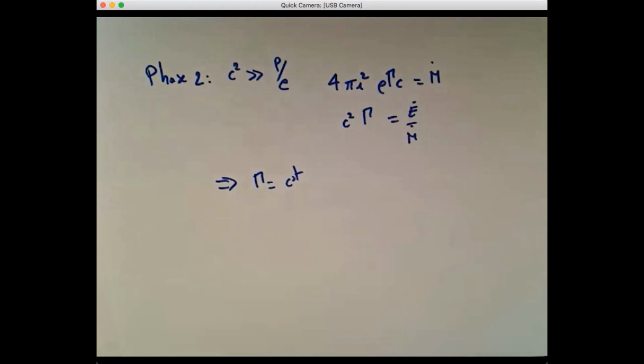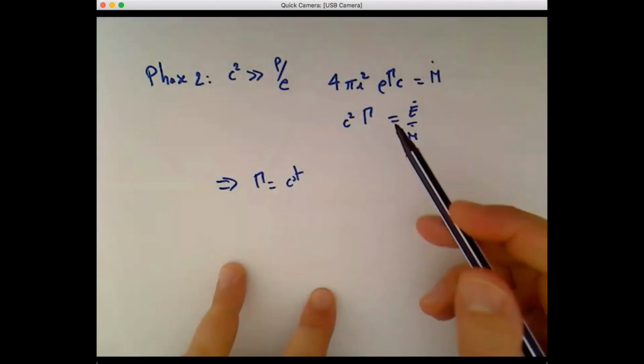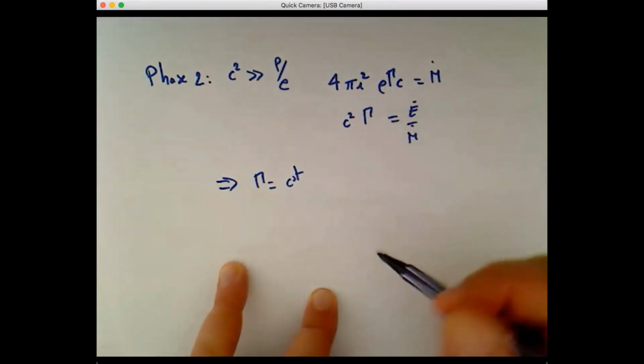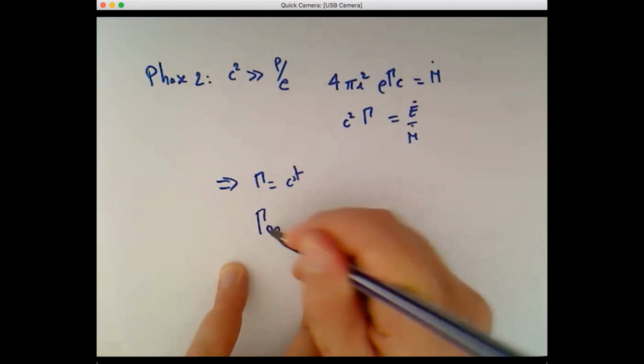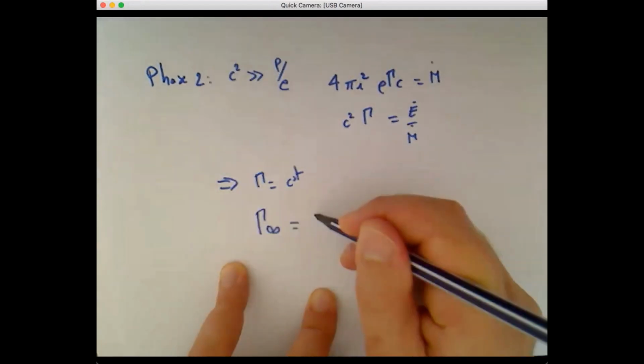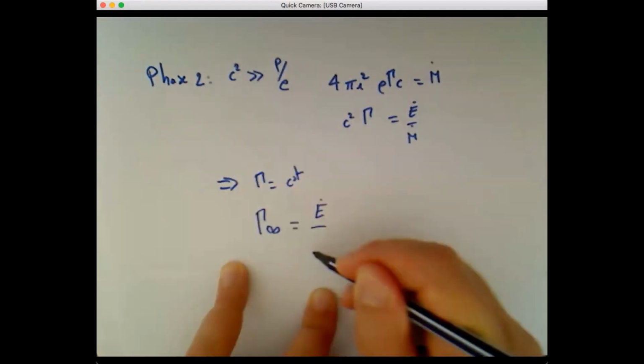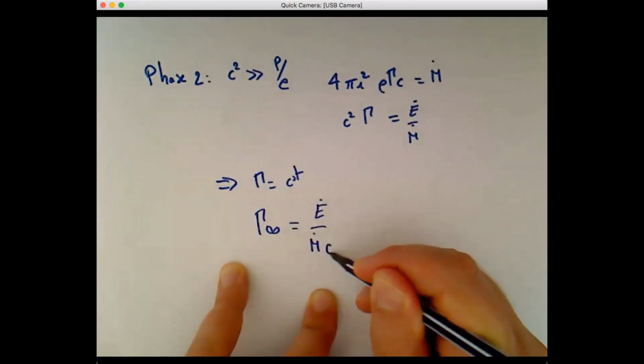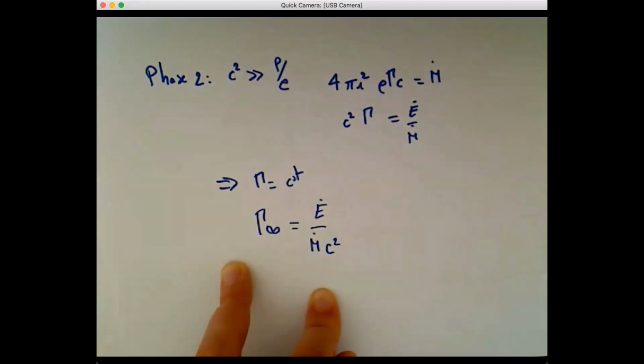It gives a practical estimate for the saturation radius. From this equation, you see that the final Lorentz factor is just the ratio of the injected energy divided by the injected mass.